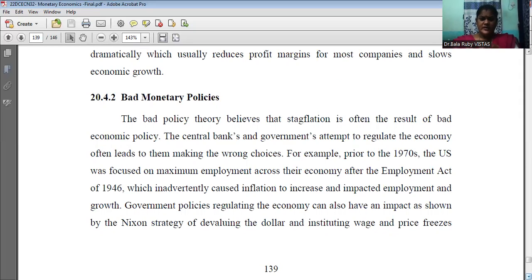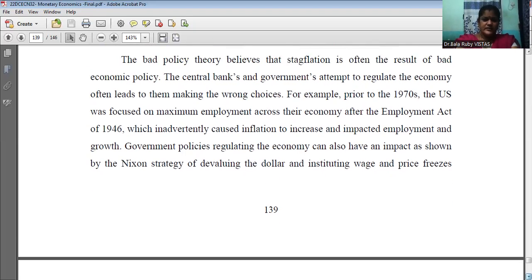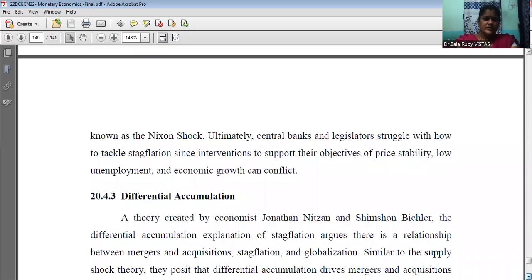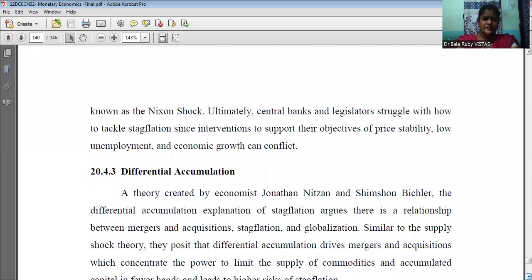Government policies regulating the economy can also have an impact, as shown by the Nixon strategy of devaluing the dollar and instituting wage and price freezes. It is normally known as the Nixon shock.